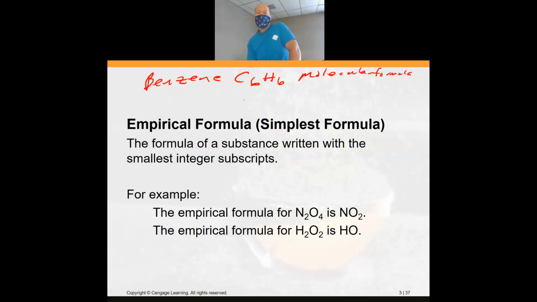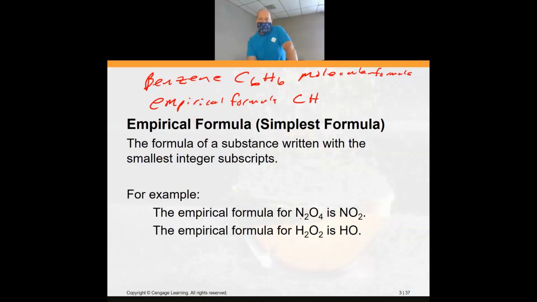The empirical formula is the simplest ratio of the atoms. And so when you look at benzene's empirical formula, it is simply CH, which means for every one carbon, there's one hydrogen. That is the simplest formula. The molecular formula for benzene is C6H6.